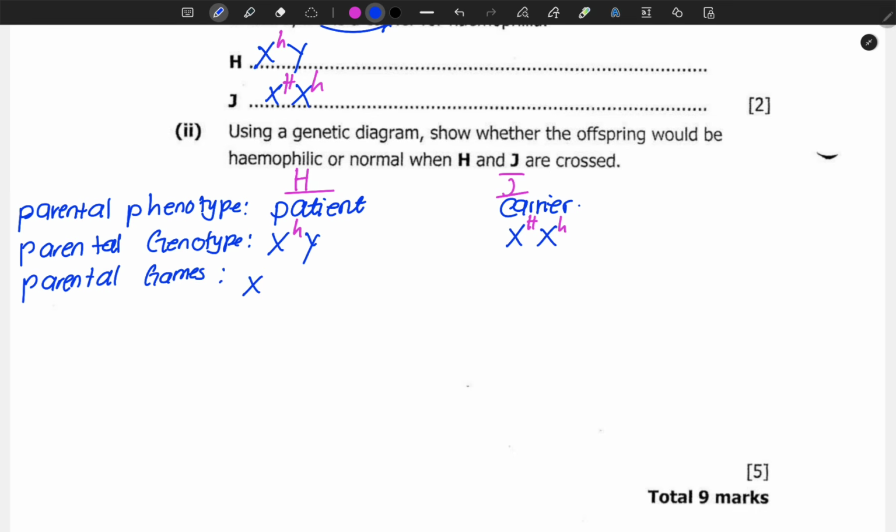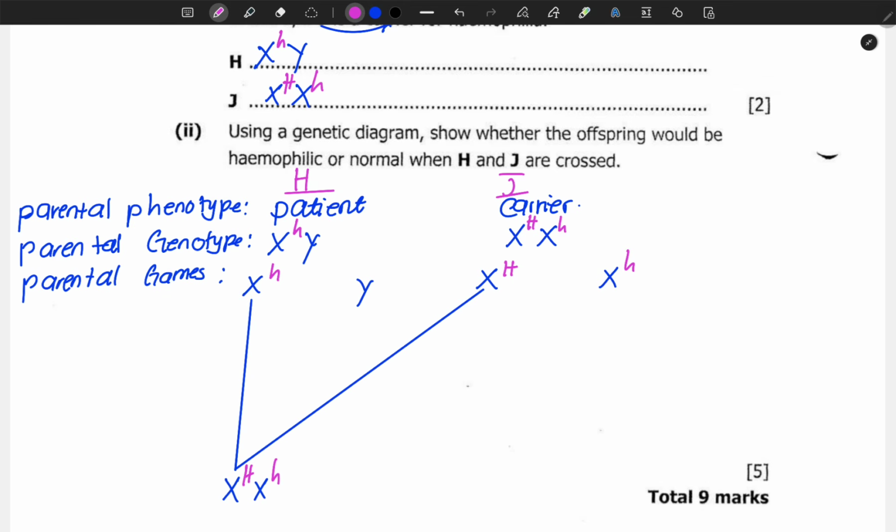So I'm just going to split these. Then we can start crossing. So this one goes with this one. So always start with the capital letter. So X with capital letter H, X with small letter h, like this. So it means there is a chance of having a girl child who is a carrier.